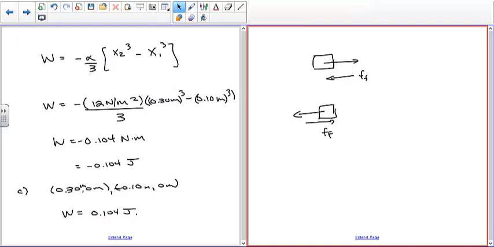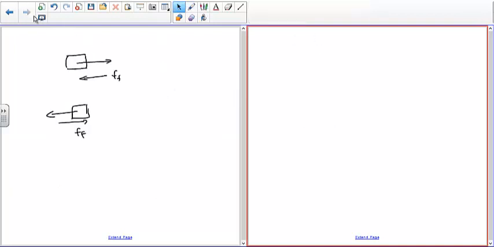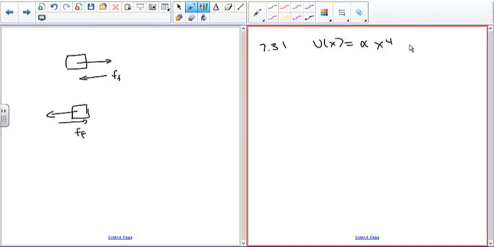Okay, so that's the first problem. The next one, we're going to do 7.31. And this is where you're using potential energy to calculate force. So in this case, we're given the potential energy is equal to alpha times x to the fourth, where alpha is equal to 0.630 joules per meter to the fourth.